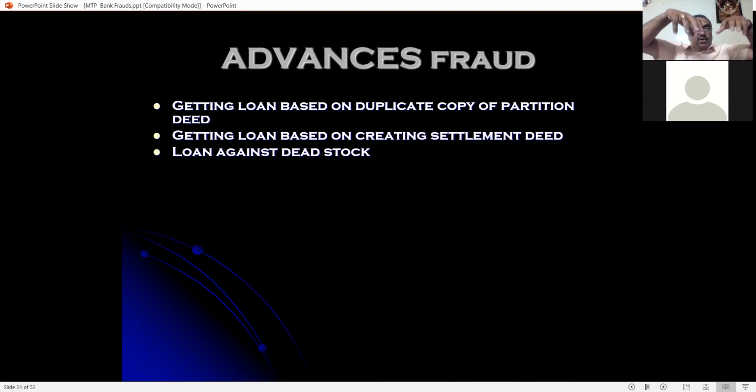So I found a hole and I fell down. I got the fracture. Okay, this is a loan against dead stock. So you have to be very, very careful in key loan audit about what is the life of the stock, what is the quality of the stock. There also you can find the fraud.